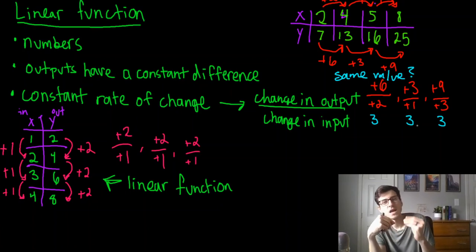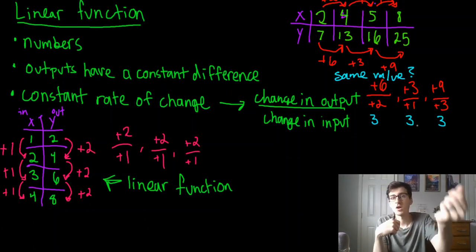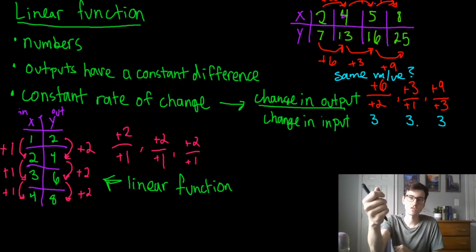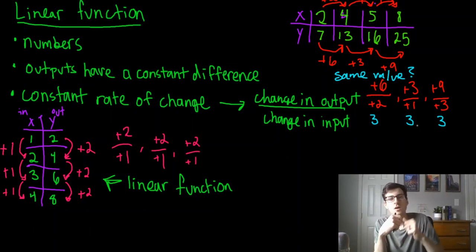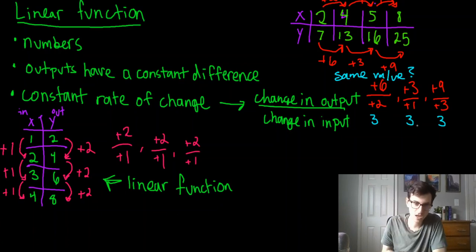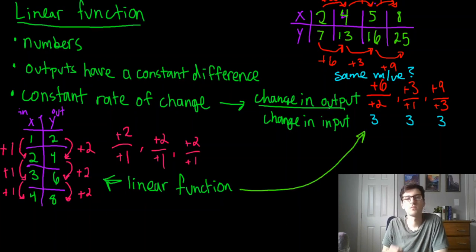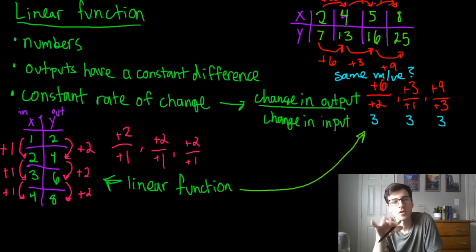Every time my input goes up 1, my output goes up 3. So when my input increases 2, my output increases 6. When my input increases 3, my output increases by 9. So this is also a linear function. Both of those are linear.